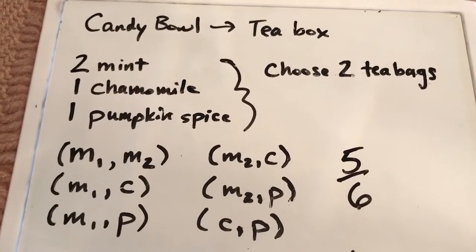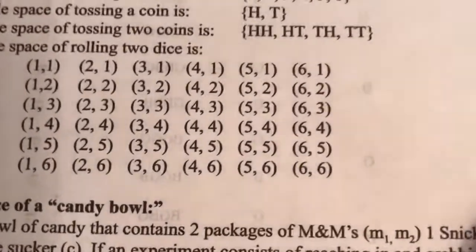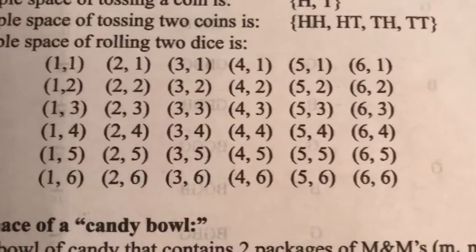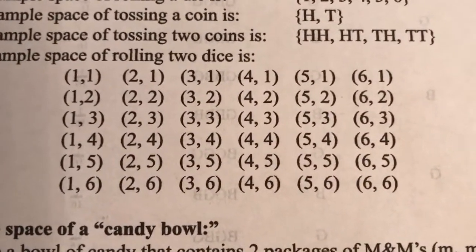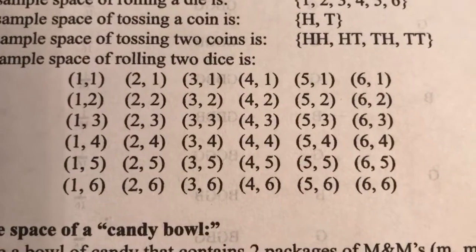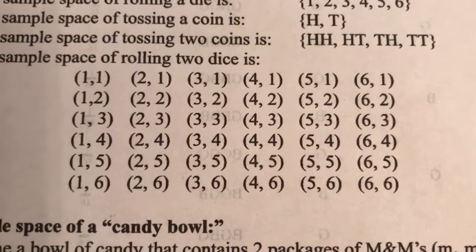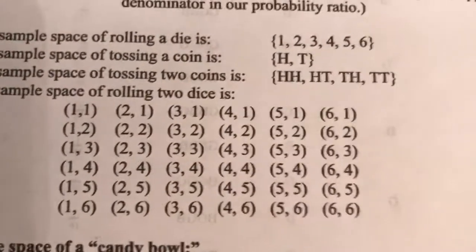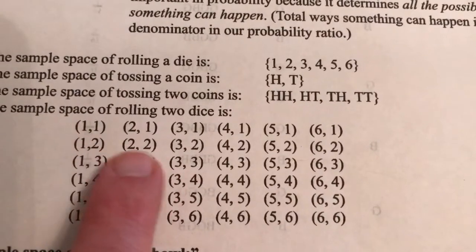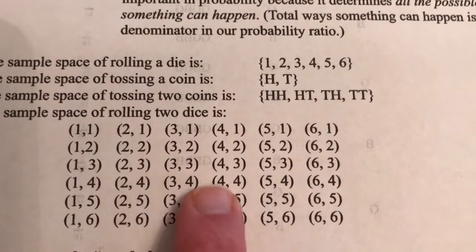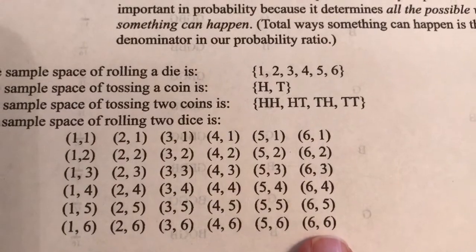Or consider the 2 dice example where I rolled 2 dice, and so here was my sample space. What is the probability of rolling 2 dice that are exactly the same number? You see that I have 1 1, 2 2, 3 3, 4 4, 5 5, and 6 6.